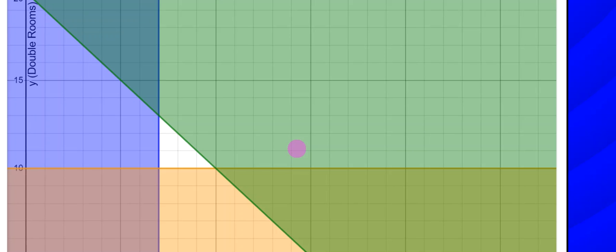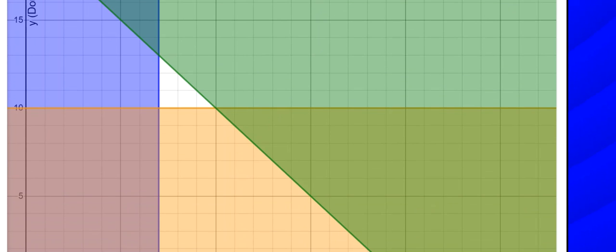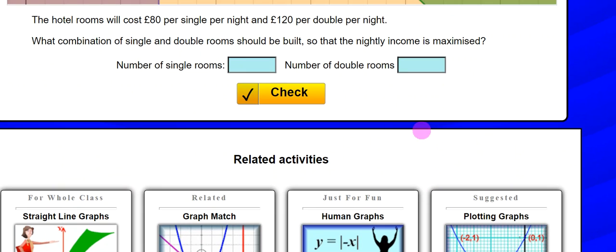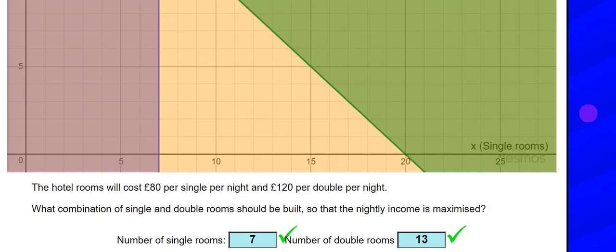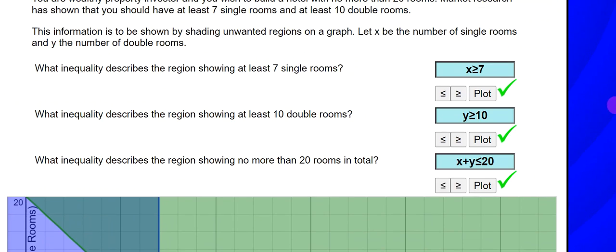No. Why? Because you lose 120 and you only gain 80. So the point that we're looking for is that one there. No point going anywhere else. So the answer is: number of single rooms, 7. Number of double rooms, 13. Check that. All good.